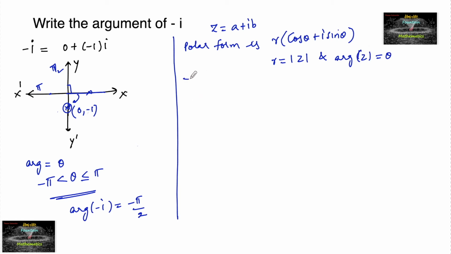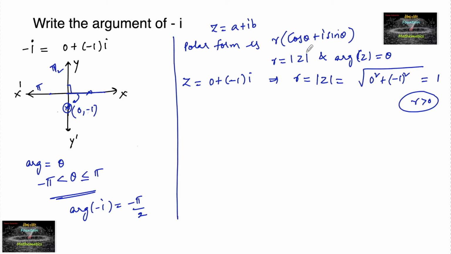So here z is the complex number minus i, that is 0 plus minus 1 into i. Therefore r is equal to mod z, which is root over 0 square plus minus 1 whole square, which is equal to 1, because we consider r positive.